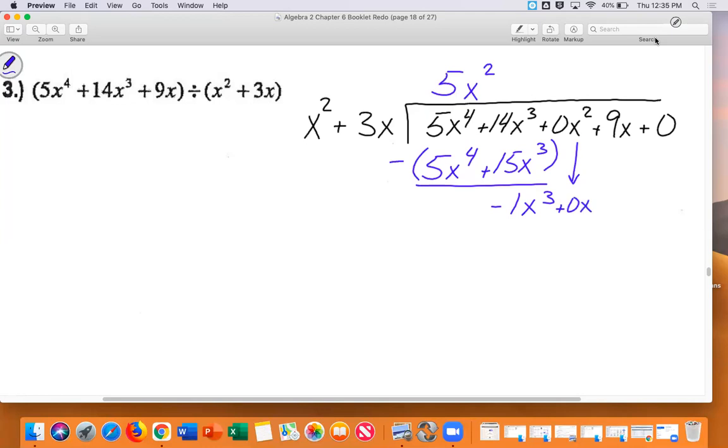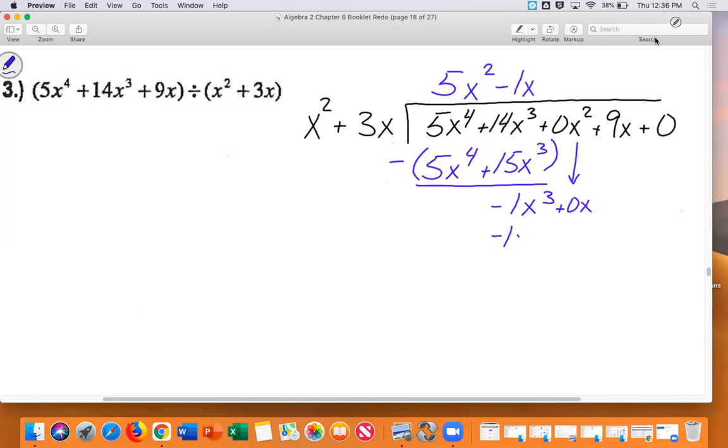Now, here, I need a negative x cubed. So I'm going to multiply it by negative 1x. Okay. I kind of feel like I'm doing this correctly because I have x squared. The next thing I can multiply would be like x. See how it's descending. So multiply by negative 1x.